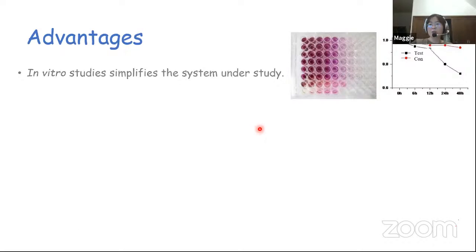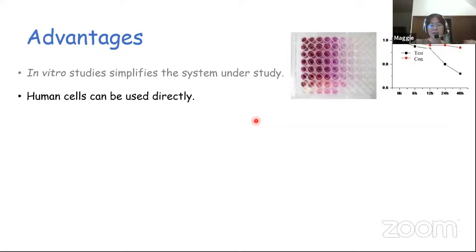Okay, so the next advantage of this in vitro study is that human cells can be used directly. As we know, not every experiment can be performed on human beings, right? We need to get ethical approval from the committee to prove that this treatment or therapy is safe for the patient and does no harm to the patient.